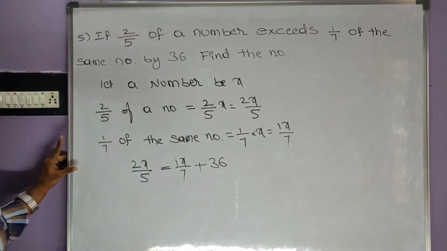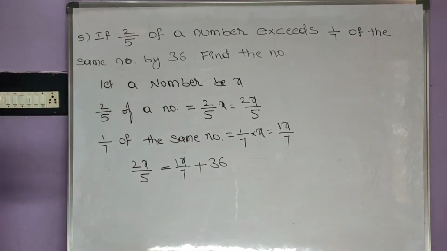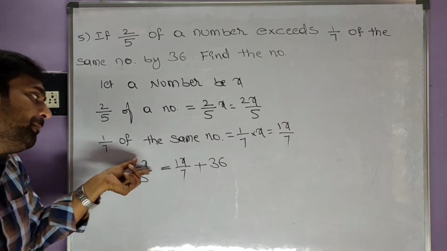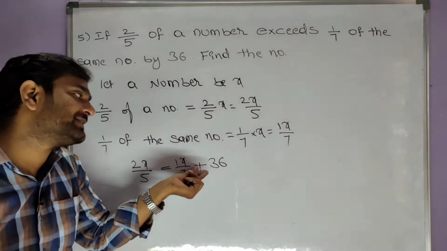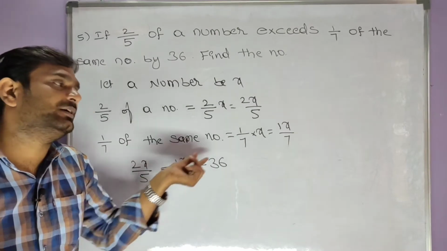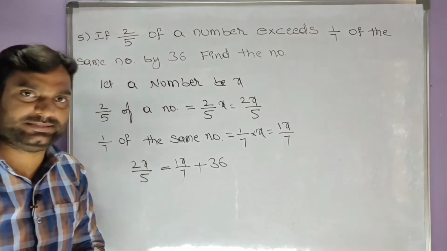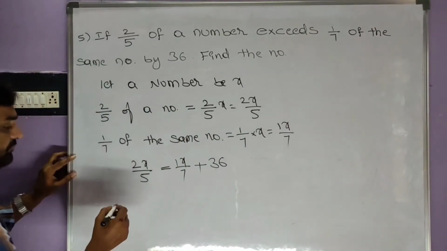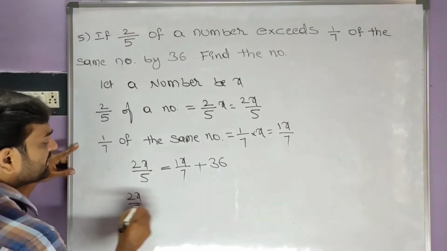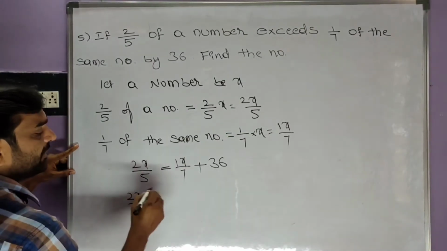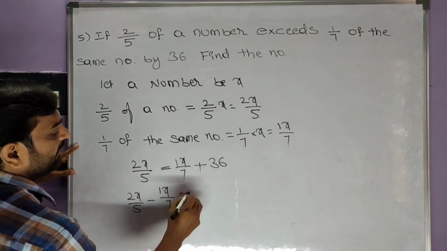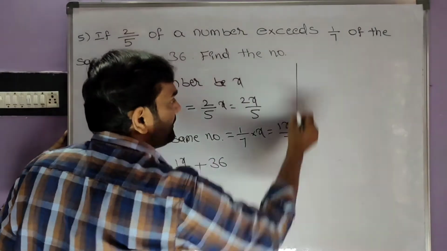This is the statement, this is the equation. Here it can be written as 2x by 5 minus 1x by 7 equal to 36.